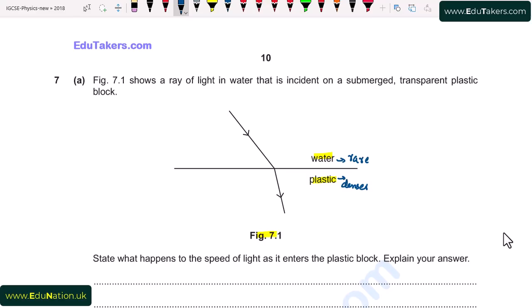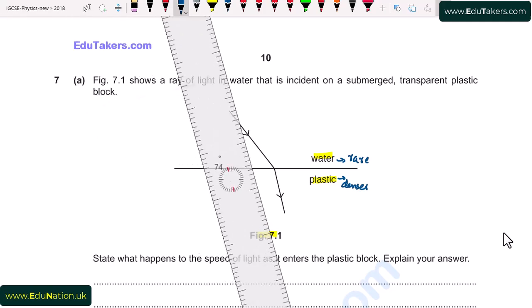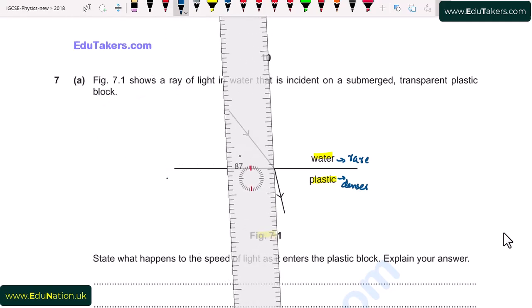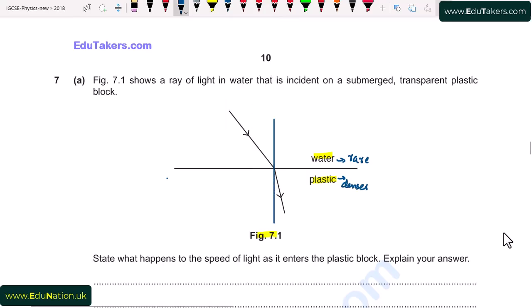So when a ray of light from water enters into the plastic, then this ray will bend towards the normal. First of all, I draw here a normal ray. So it is the normal ray.